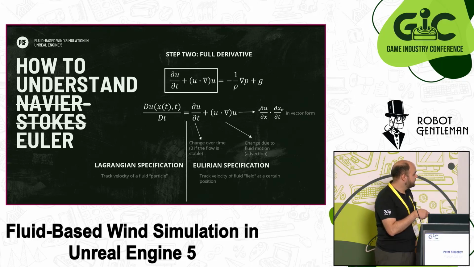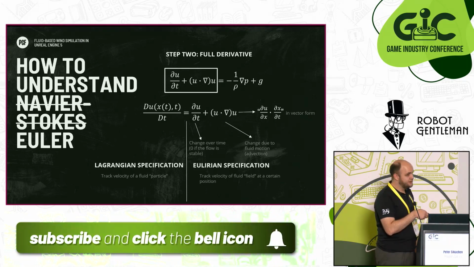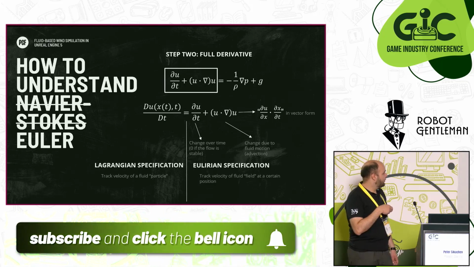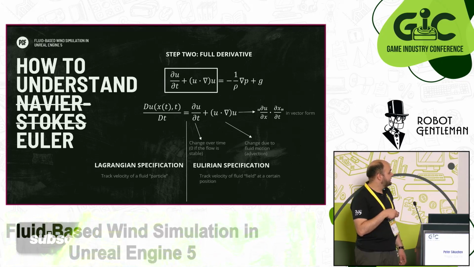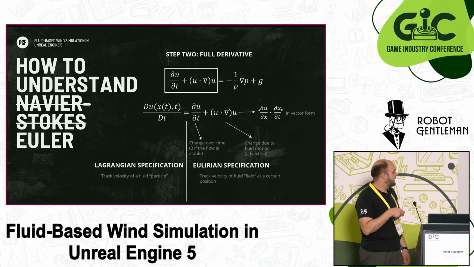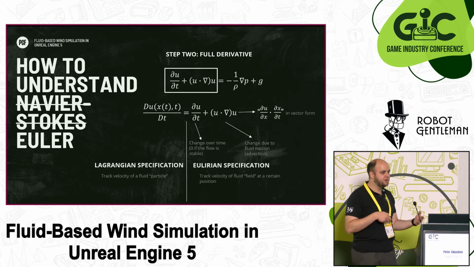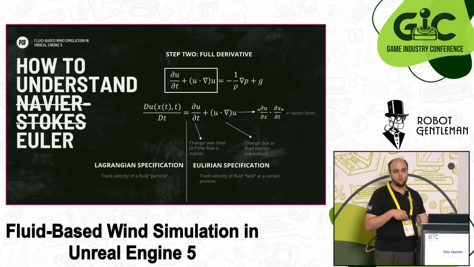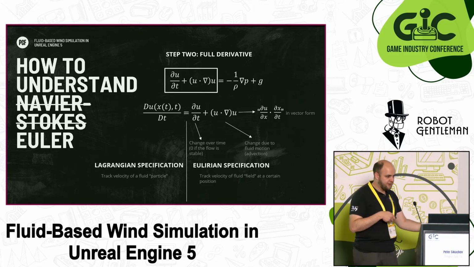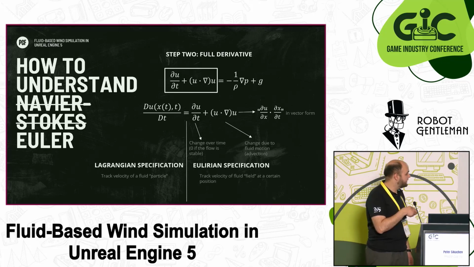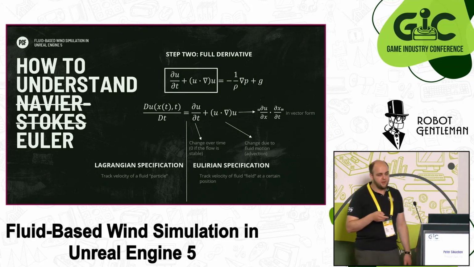This u is basically dx by dt by definition, because it's velocity, and this one is your du by dx. This term is due to fluid motion, and this is what is called advection. So whenever you're writing this as an advection step, you're basically accounting for this part of the equation.